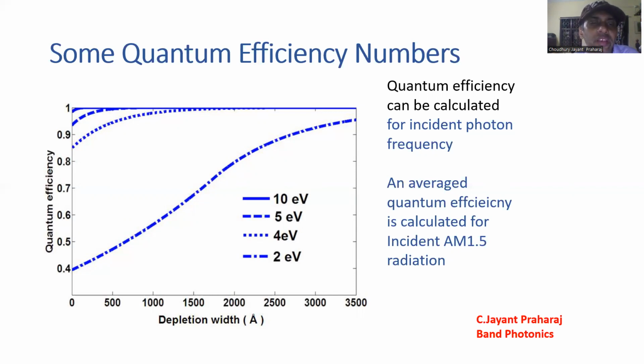And those all enter into determining how we grade these materials and what kind of drift layers and dark current reducing layers we have in order to obtain good power conversion efficiencies from these solar cells. Now, an average quantum efficiency can be calculated for incident AM 1.5 solar radiation also for different kinds of solar cell designs.